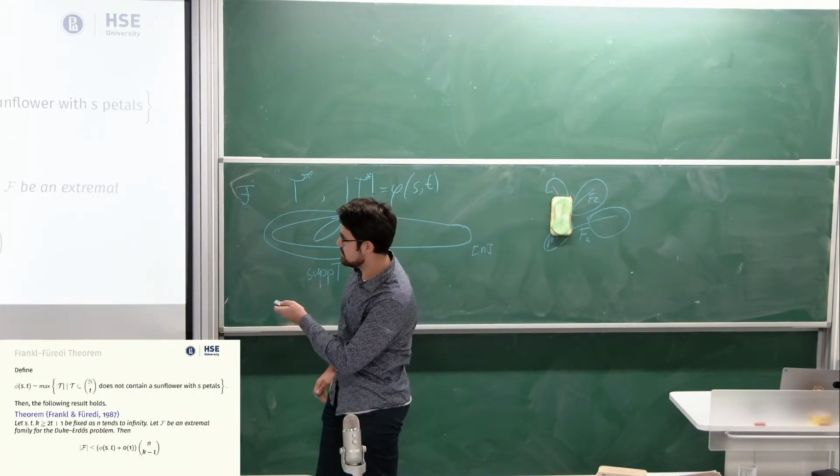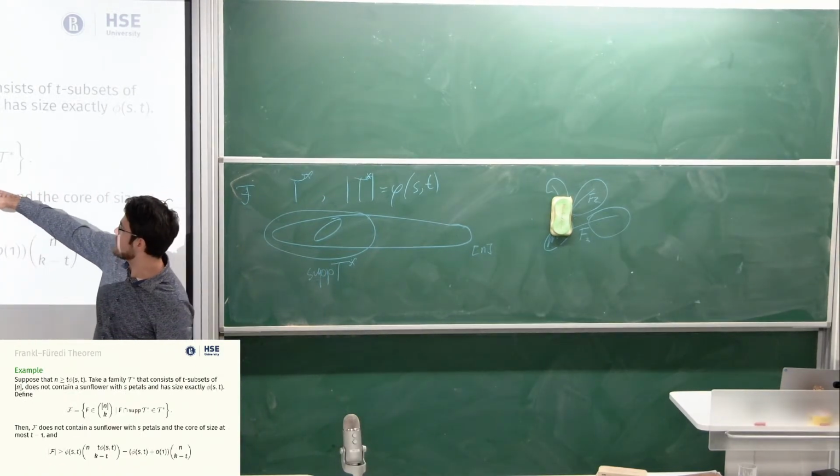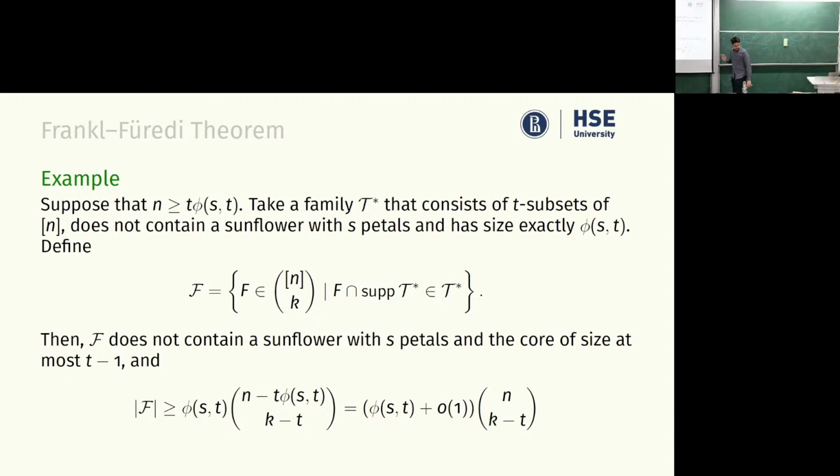Formally it can be stated like that. And a simple exercise is to show that this family F indeed avoids a sunflower with S petals and the core of size at most t minus 1, but in particular exactly t minus 1.